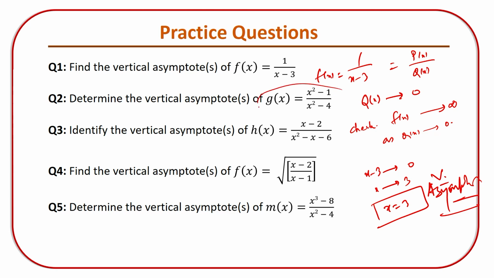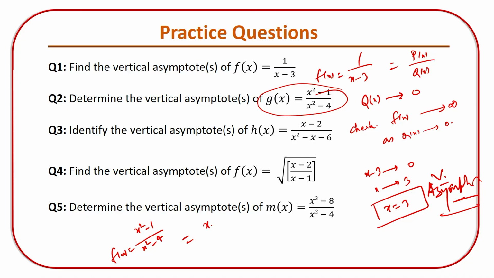Now look at question 2: f(x) is given as x square minus 1 divided by x square minus 4. Firstly, you have to simplify the expression so that the denominator becomes a simpler form, and with that you can find your answer. This can be written as (x minus 1)(x plus 1) divided by (x minus 2)(x plus 2), and there is no term to cancel.